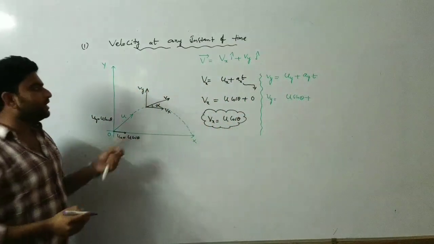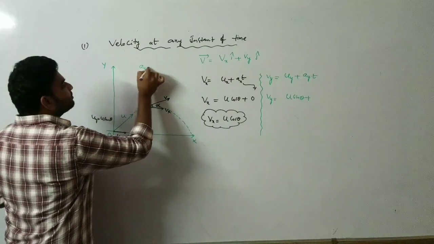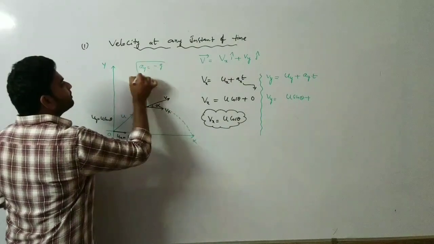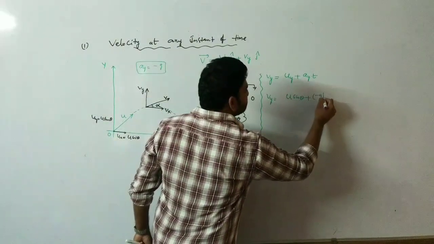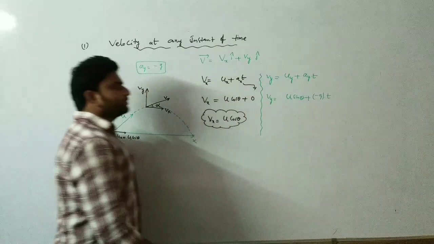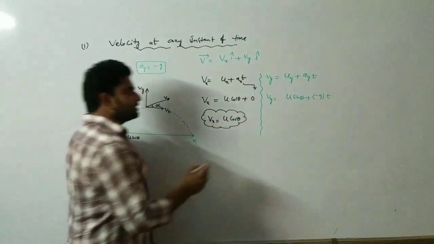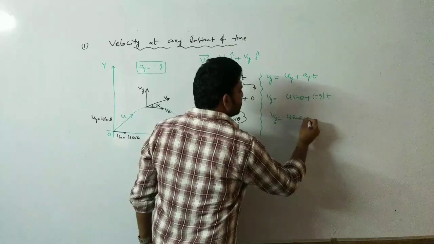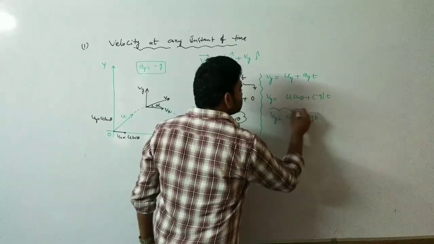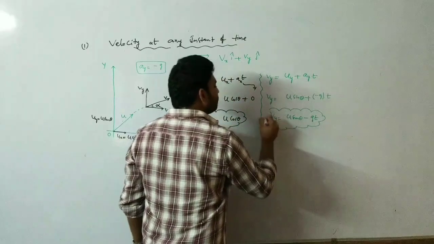Already mentioned to you in the beginning, my ay value is equal to minus g. Minus g, that's what I am writing here, minus g into t. Okay, that is the value of vy, and on further simplification vy becomes u sin theta minus gt. This is the velocity along the y axis.